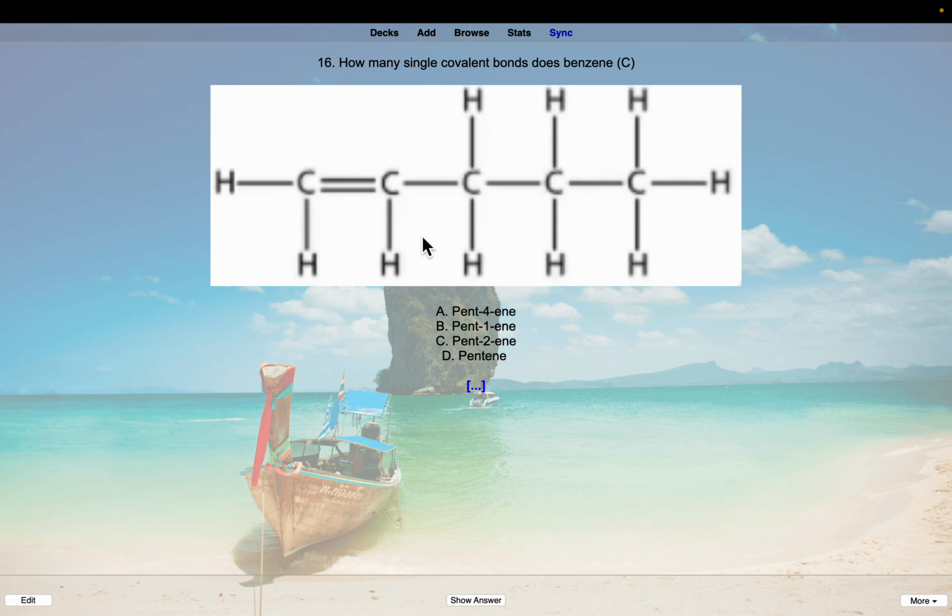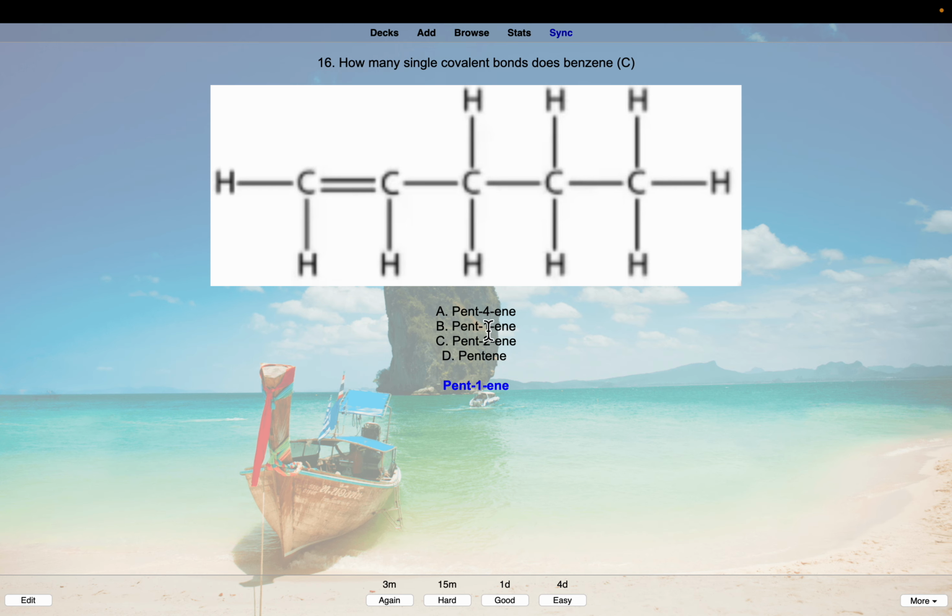But again, in our scenario, that's not the case. Pentene, it's either B or D. I don't think there's a difference between the two. But just to be safe, I'll stay with letter B. Yep, it's letter B.